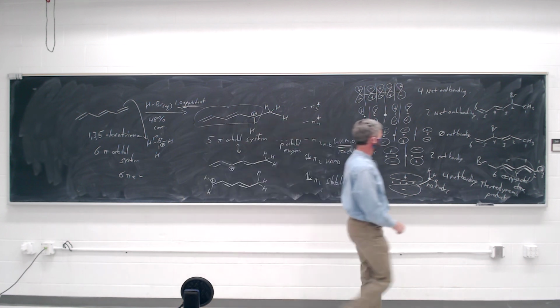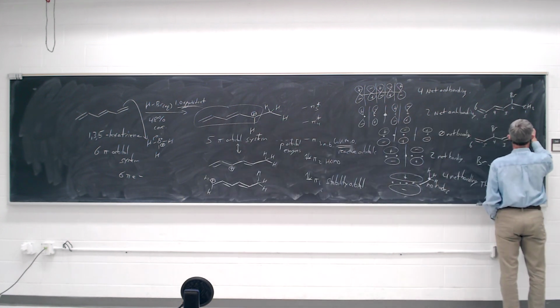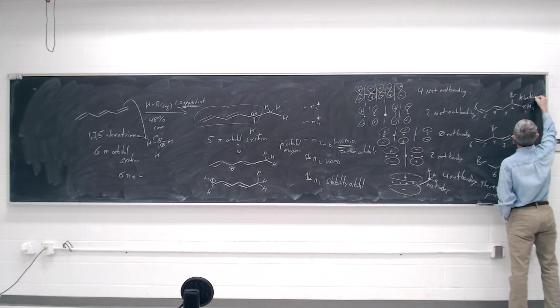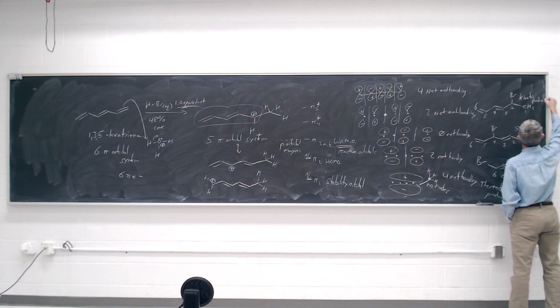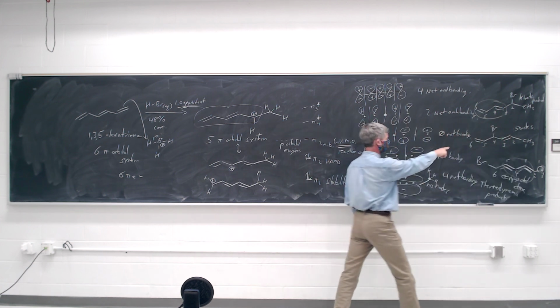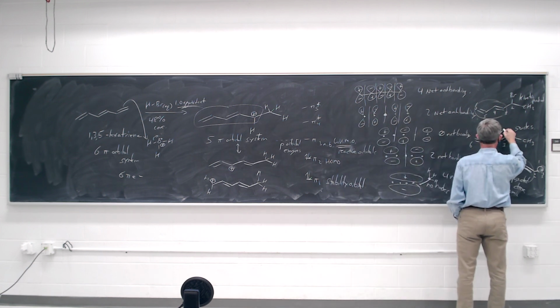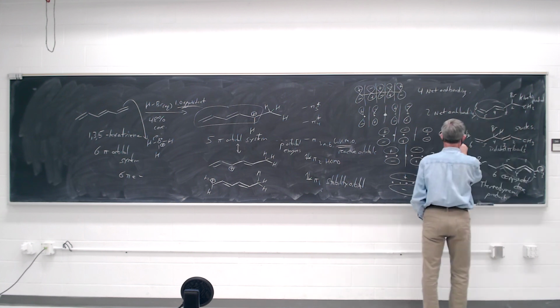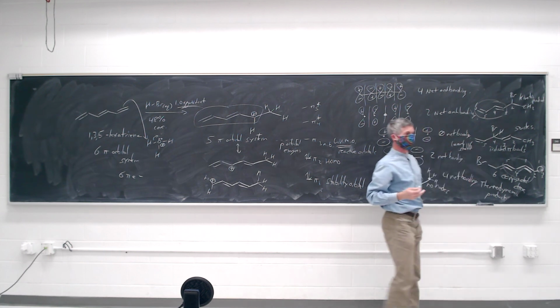1-2. This product sucks. This one at least still has a conjugated diene. This one doesn't. This is isolated pi bonds, which means 1-4 addition is the least stable product.